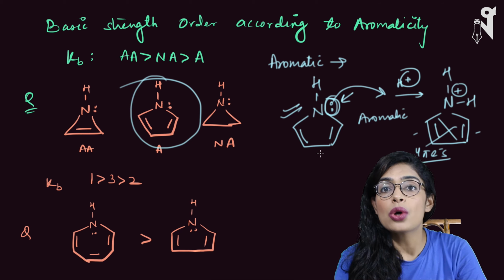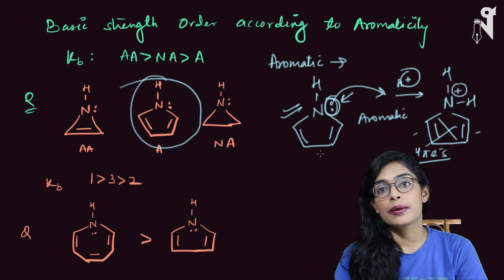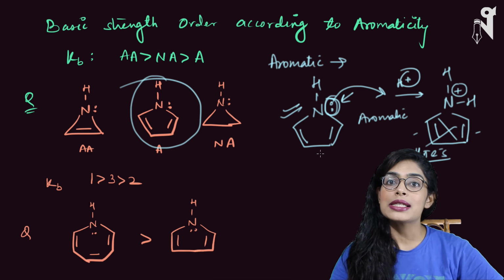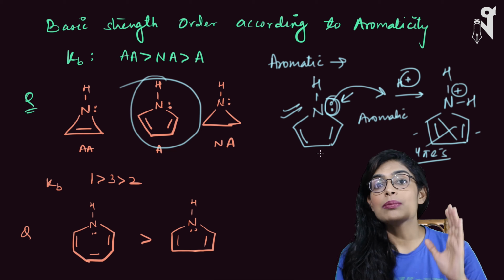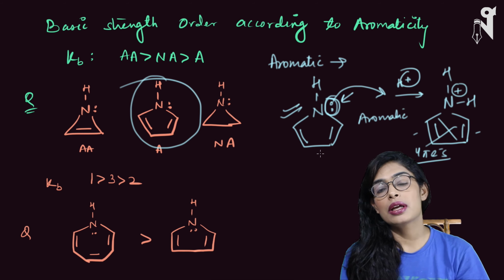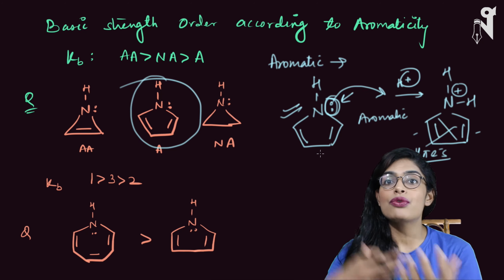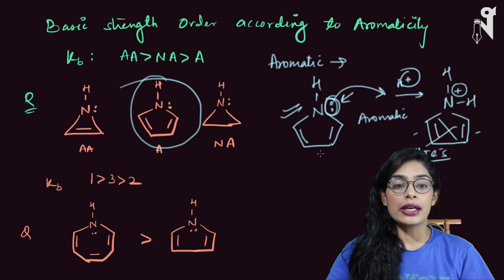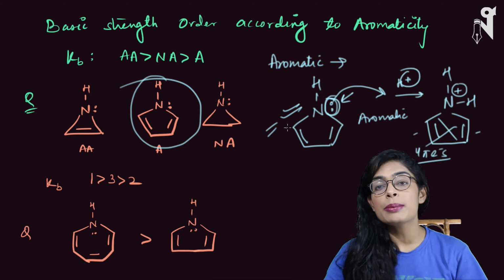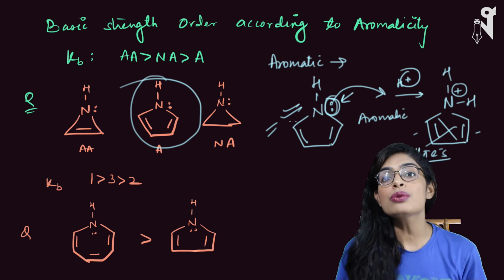And we have discussed this already, that whenever a molecule's aromaticity is breaking, or its aromaticity is getting destroyed due to any reason, that particular molecule will not proceed in its reaction in that direction, or it would not prefer losing its aromaticity for a certain reaction. So, though this particular molecule can show the basic behavior because nitrogen has the pair of electrons, it would not prefer to do so.